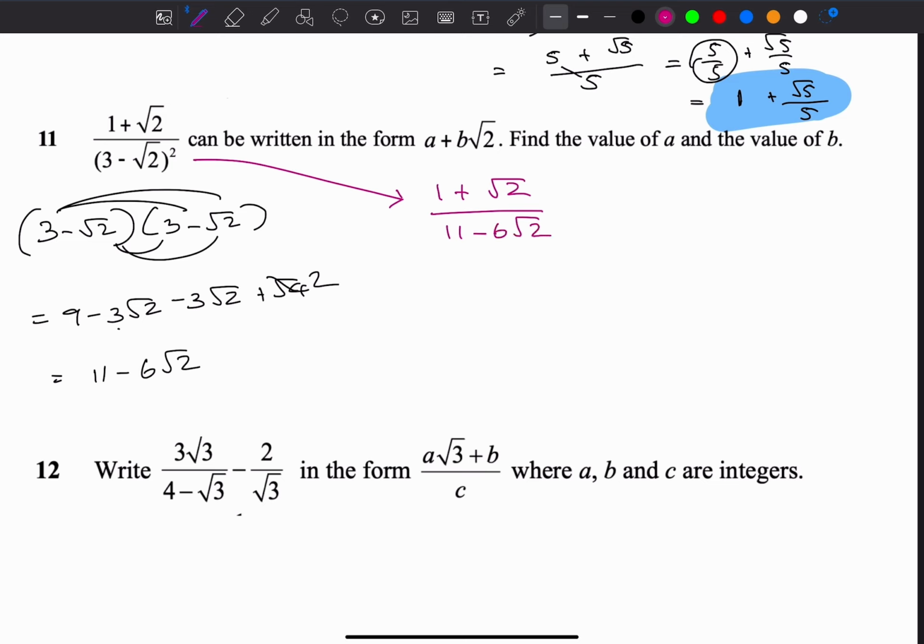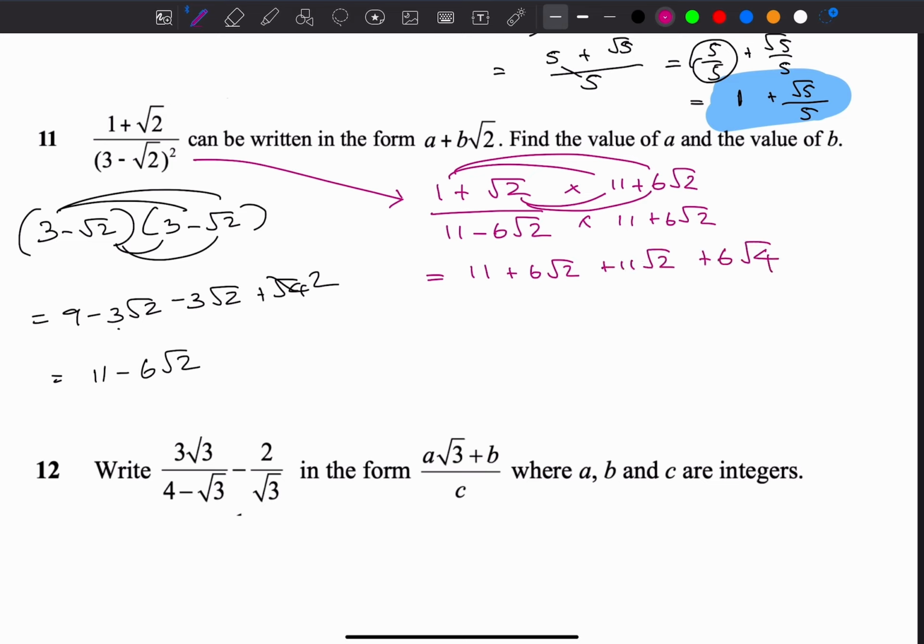Then you rationalize it, times it by 11 add 6 root 2, 11 add 6 root 2, and then we'll do it. Here and here, here and here, that's 11 plus 6 root 2, here and here, here and here, plus 11 root 2 plus 6 root 4 over here and here, here and here, 121 plus 66 root 2 here, here, minus 66 root 2 minus 36 root 4.